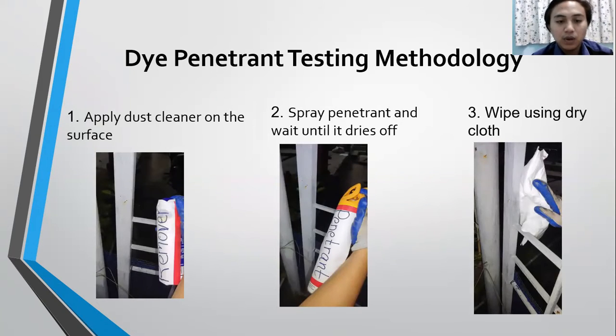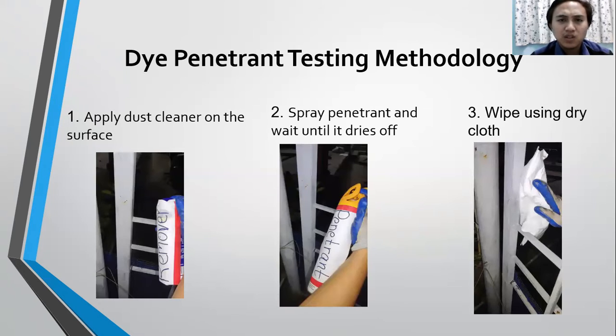For the first process in dye penetrant testing, we apply dust cleaner or the remover on the surface. As you can see, we are mainly wiping the part with a rag moistened with the remover.